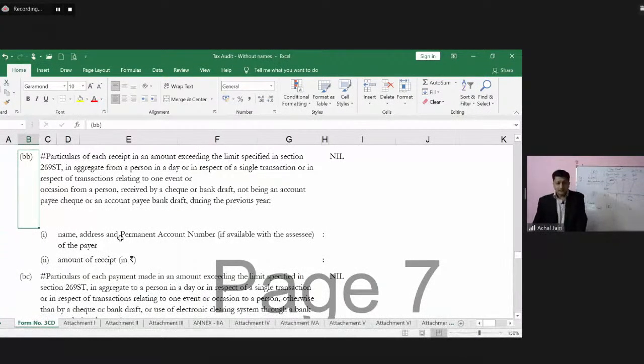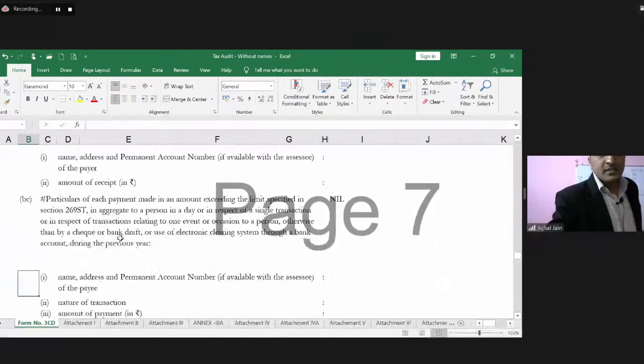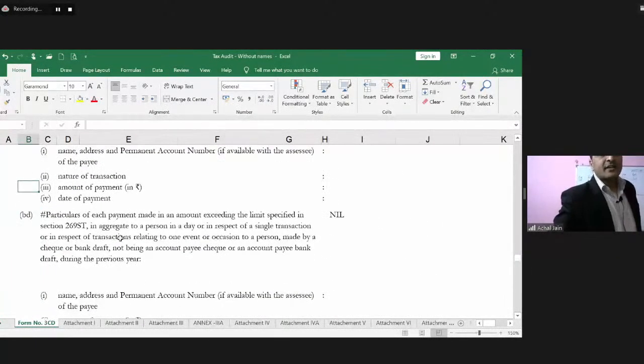Particulars of each receipt in an amount exceeding the limit specified in section 269ST in aggregate from a person in a day, or in respect of a single transaction, or in respect of transactions relating to one event or occasion from a person, received by a check or bank draft, not being an account payee check or an account payee bank draft during the previous year. Once again, we have the particulars which are in line with what we have discussed. And moving on to BC and BD in a similar way. So let's read the requirements of BC.